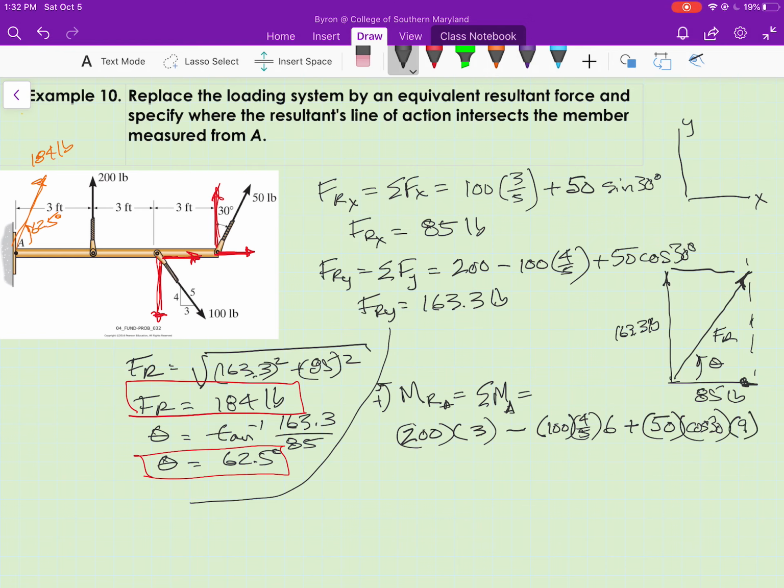Okay, so we do that math, and the sum of the moments, the resultant moment about A, is 509.7 pound-feet. Let me clean that up so we're not confused here.